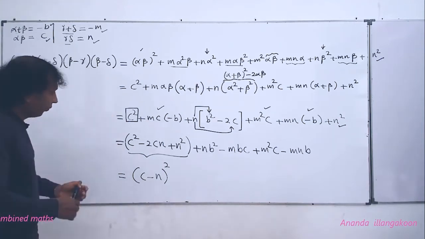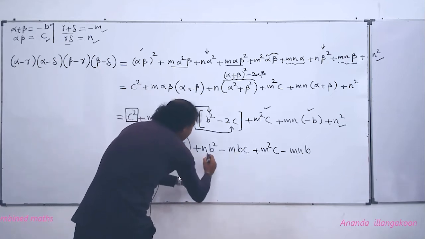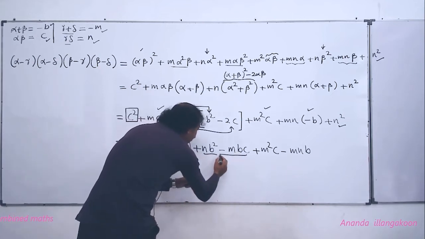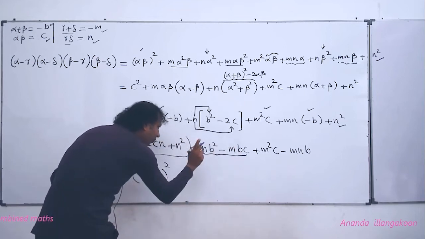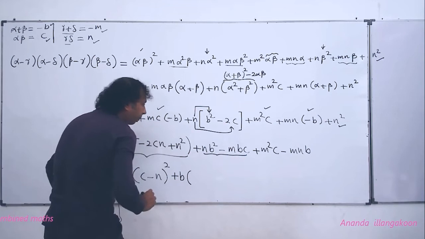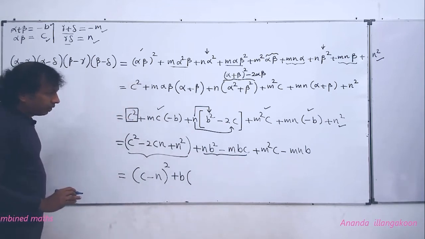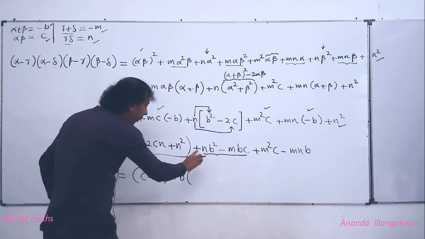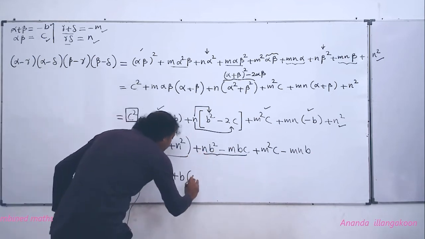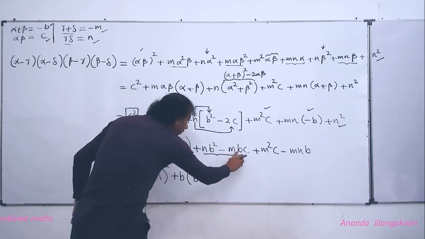Okay, people, now we'll take here. For these two terms, what is common? Simple b is common, no? Once I take that b out, what do we get there? Here nb coming, nb means bn. Once you take b out, we get minus mc.